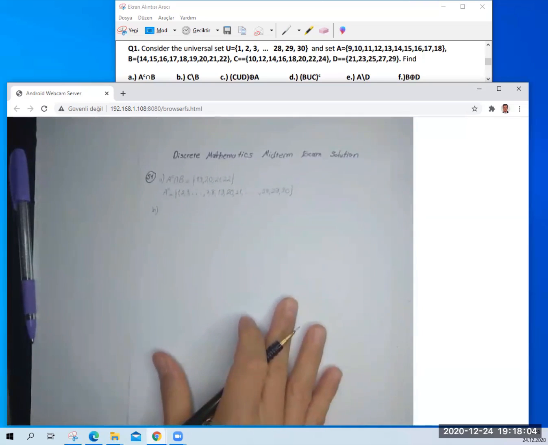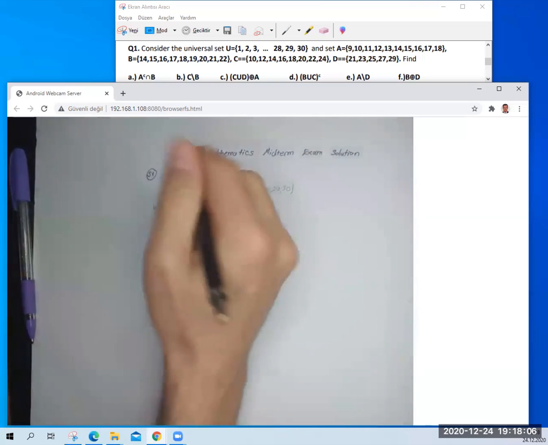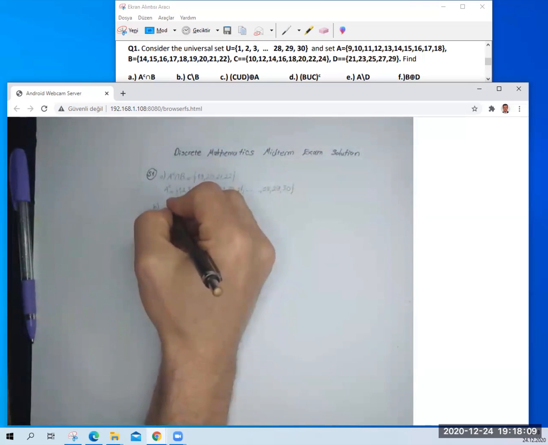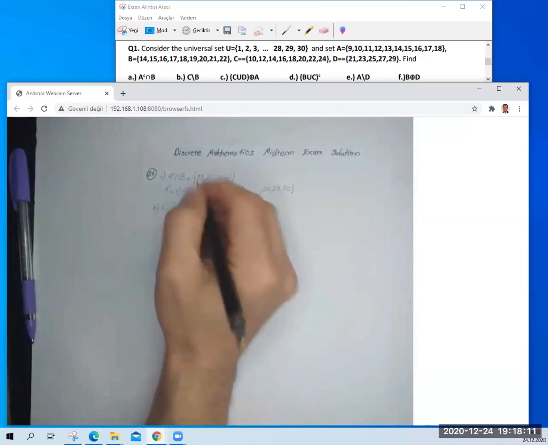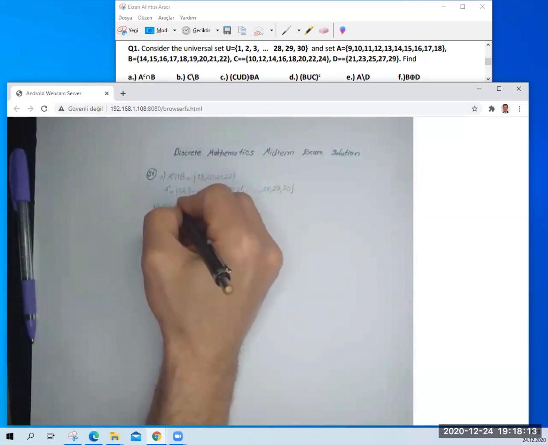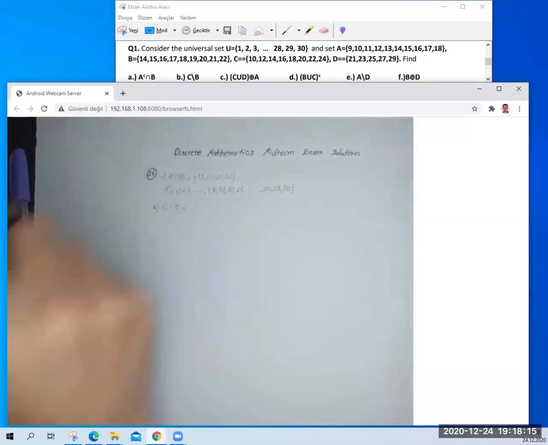So what do we have for case B? We look for C difference B, right?